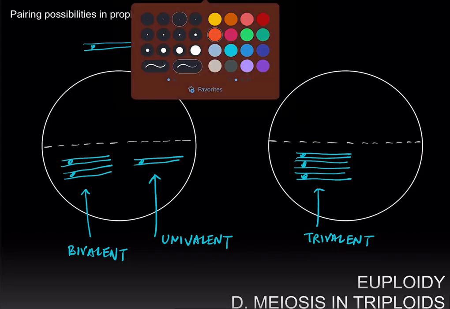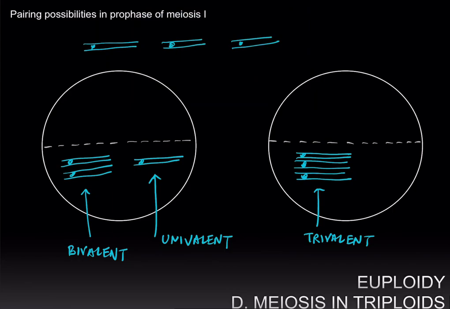During anaphase, when these chromatids are being pulled apart, when you have a bivalent, they will move to opposite sides, opposite poles. On the other hand, the univalent could go to either pole, and the choice is made randomly.